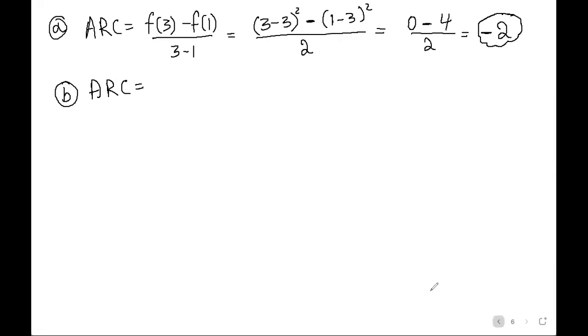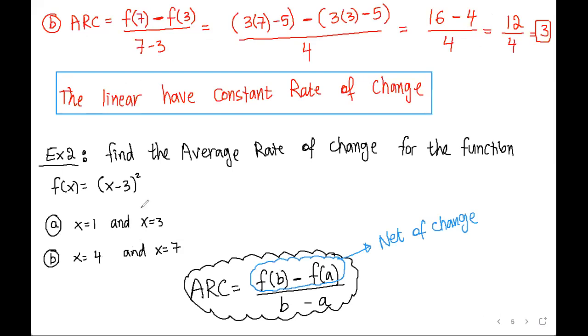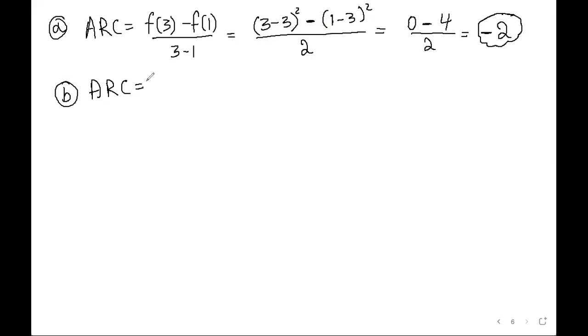The second one is between 4 and 7 for this function. f of 7 minus f of 4 over 7 minus 4. 7 minus 4 is 3, right?